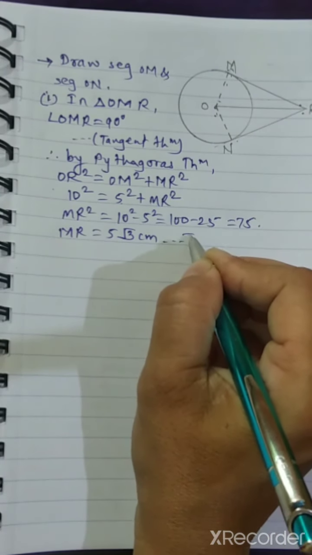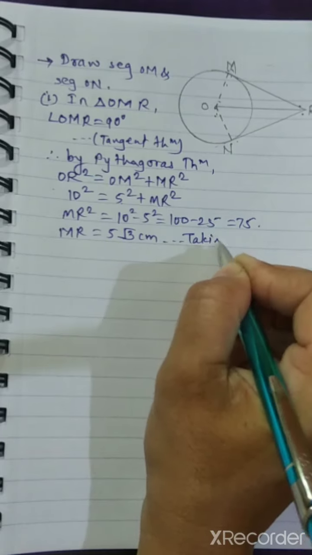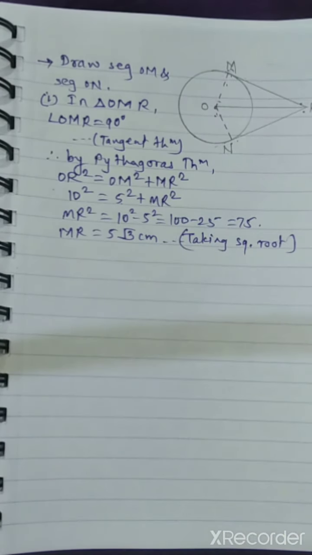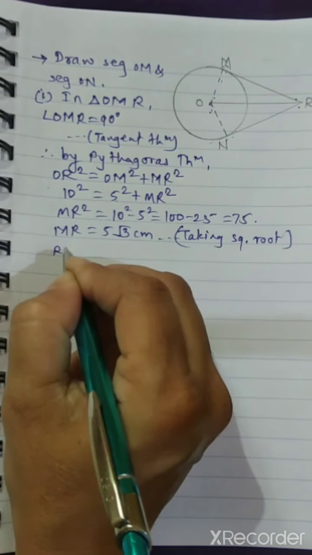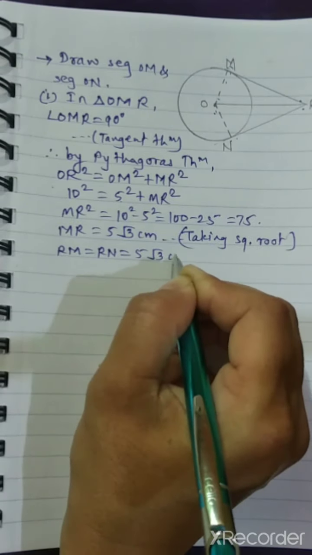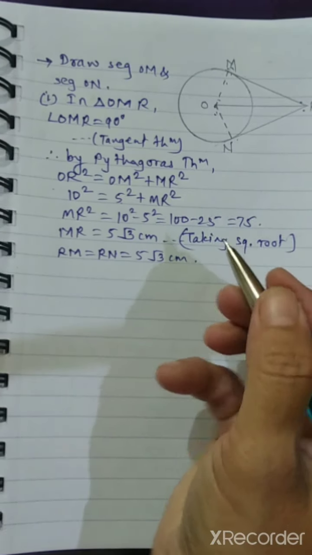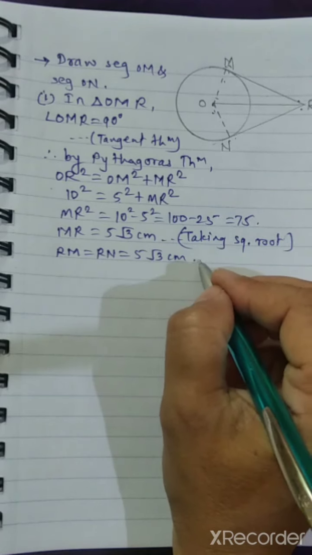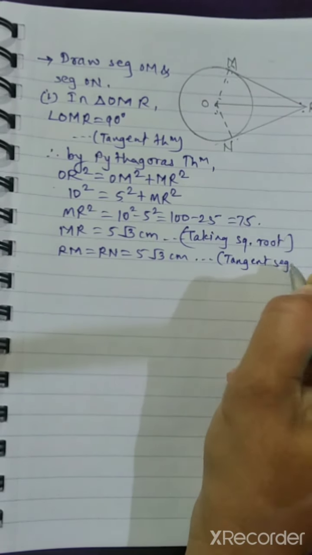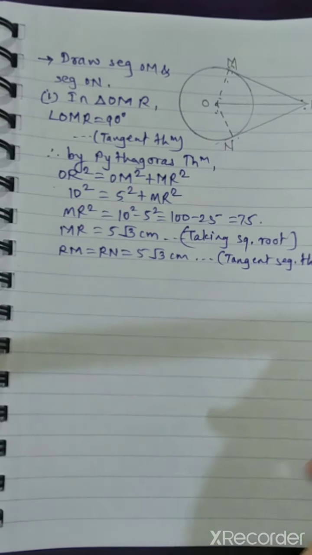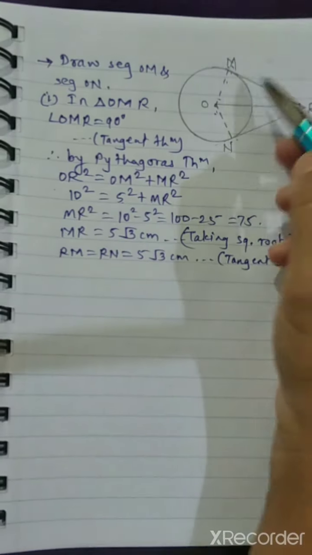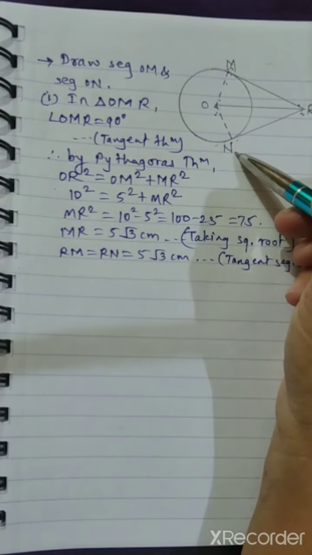By taking square root on both the sides, RM is equal to RN is equal to 5 root 3 centimeter, by the tangent segment theorem. So the length of each tangent segment, MR is equal to RN.